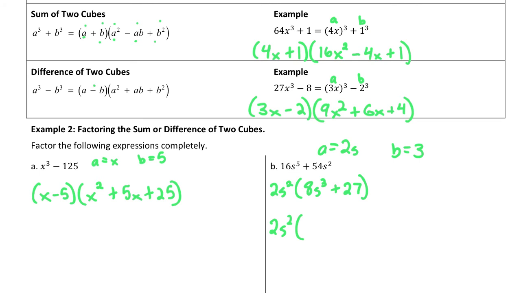And then on the inside, I'm going to have 2s plus 3. And then I have that pattern from the sum of two cubes. So it's going to be 4s squared minus 6s plus 9. So it's following that pattern. Defining what a and b are helps you follow that pattern more easily, okay?